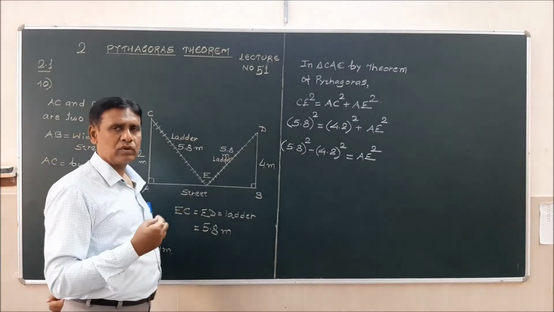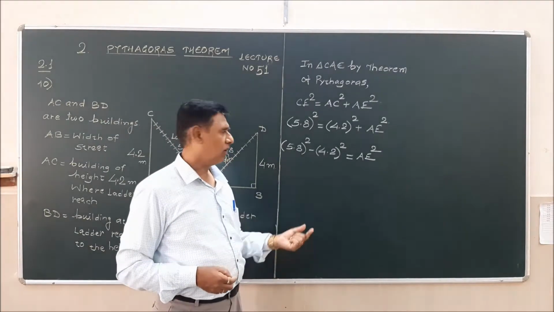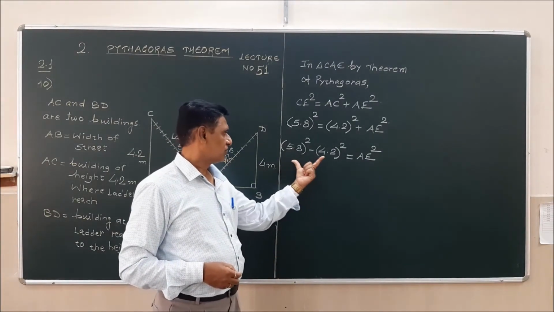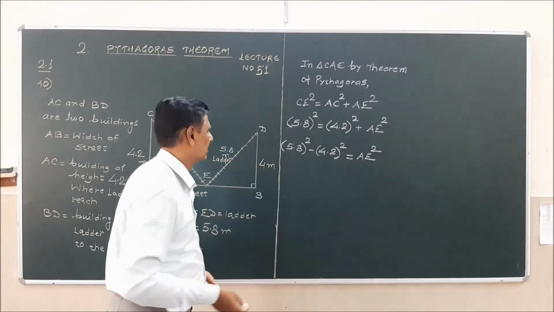Well, here in this case you can use the formula A plus B, A minus B, or even you can find out the squares of these two and subtract them. Both choices are there.